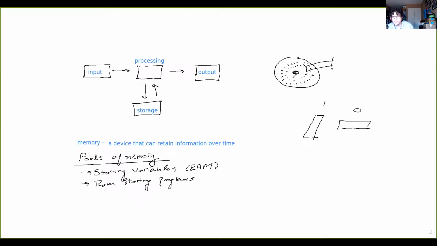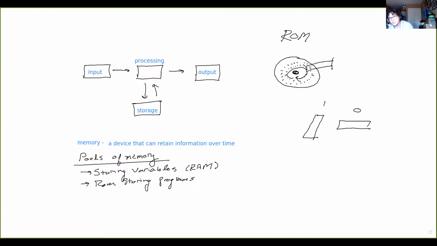Now, of course, the disk spins around and it reads them as it spins, and it also writes them as it spins. Now, this is, once again, a form of read-only memory, or read-slowly memory, or I should say write-slowly memory, as opposed to random access memory.